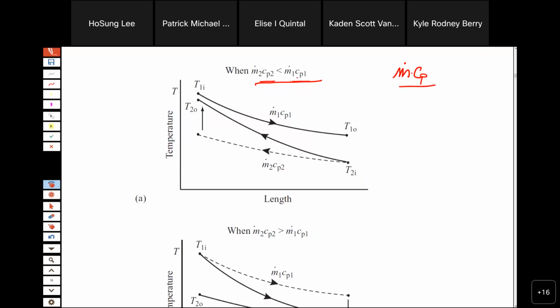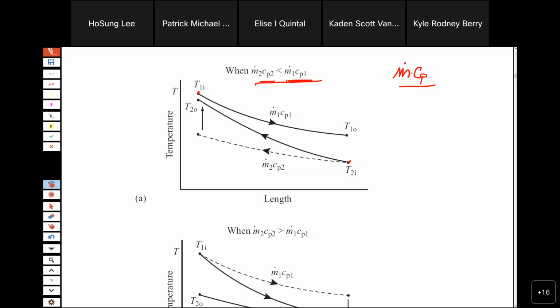So if the hot capacitance is much larger than the cold, then what happens when we draw the temperature distribution? This is the hottest, this is the coldest.